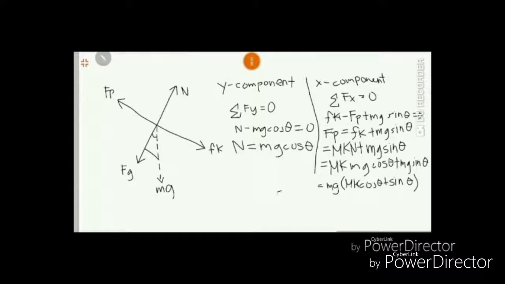We then replace what we are given and know into our equation. It should come out as 55 times 9.8 times (0.120 cos 25 plus sin 25), which is equal to 286.411, but since it's three significant figures, we put it at 286 N.